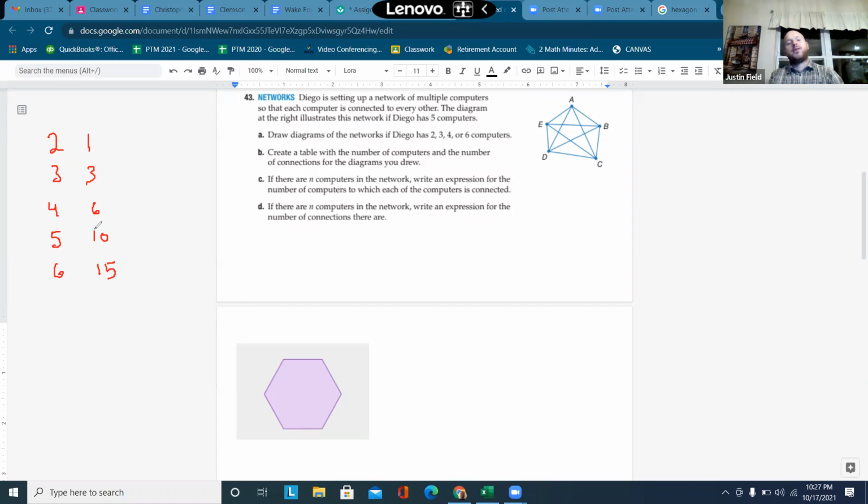Okay, so now there's n computers, write an expression for the number of computers to which each, so if there's n, it's going to be 1 more now.